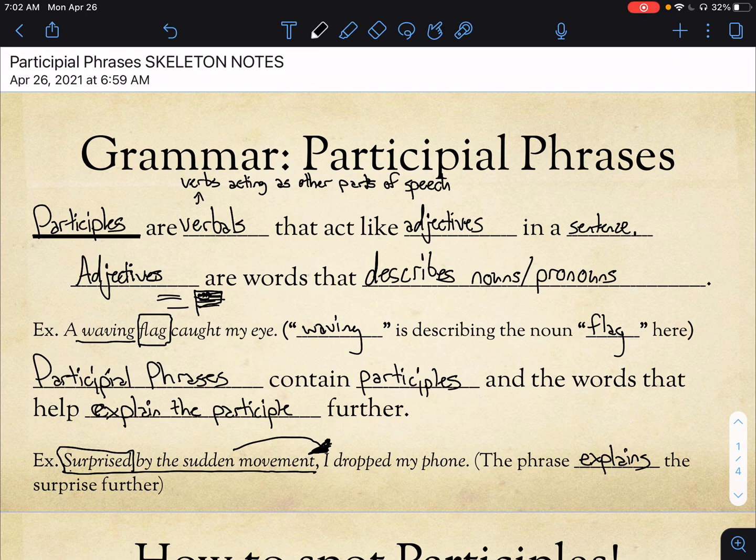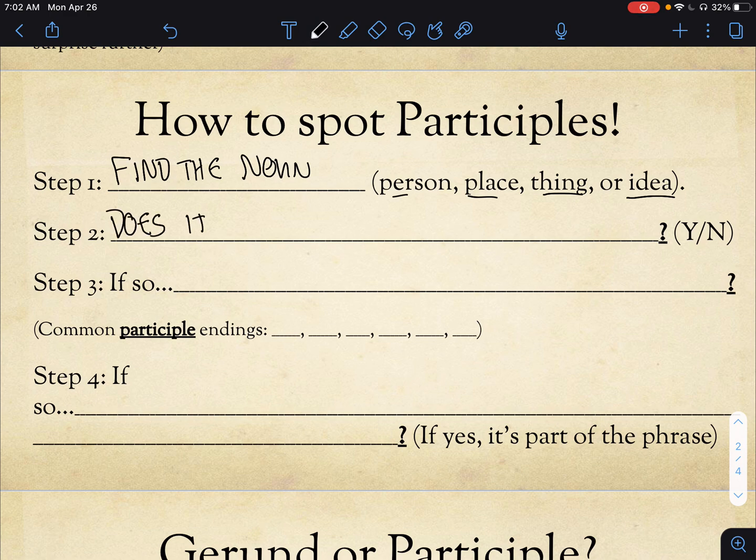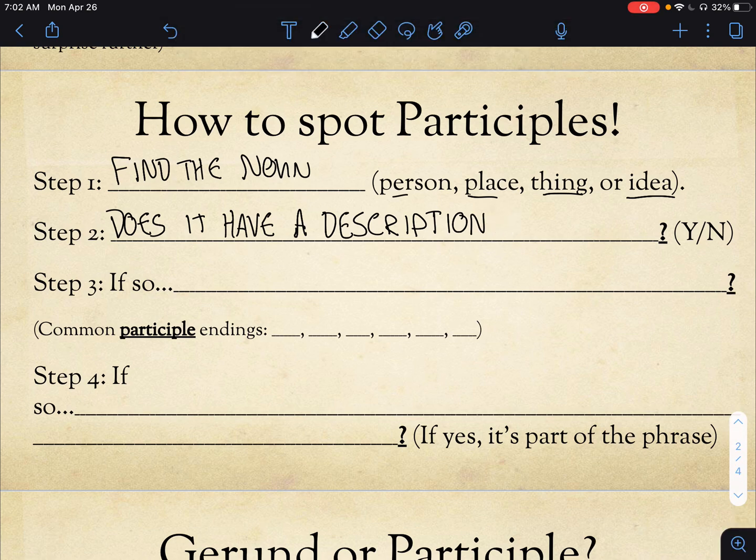Now, participles are kind of hard to spot, so I gave you a couple of steps on how to figure it out. Step 1, find the noun. So remember, find that person, place, thing, or idea. Second, does it have a description near it, just for the sake of being precise?